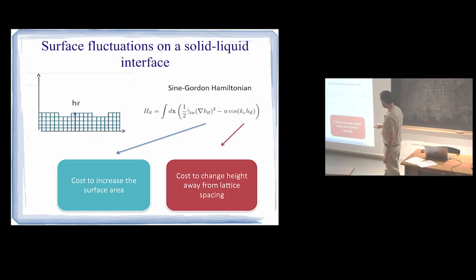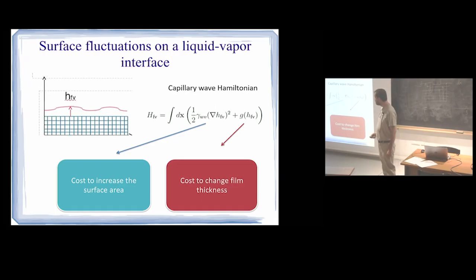My role is, I have studied this problem with no pre-melting, okay? And I know I can describe it with a sine-Gordon Hamiltonian, okay? But in fact, my situation is that I have some solid, and on top of the solid, I have a pre-melting film. And this pre-melting film will also be subject to fluctuations, okay? Now, how can I describe those fluctuations? Those fluctuations can be well described with a Hamiltonian that is known as the capillary wave Hamiltonian, okay?